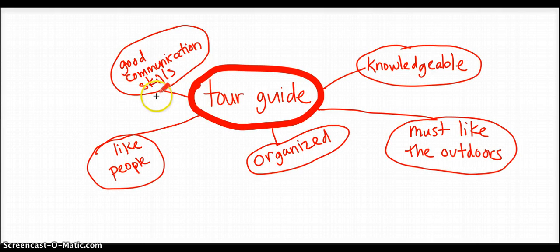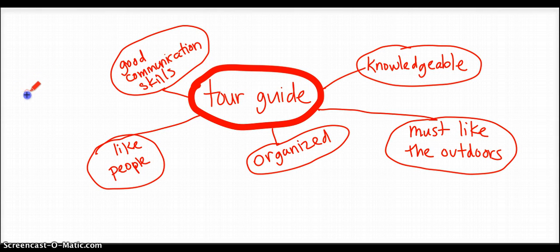Now, I'm going to look at the different words or phrases in each circle and see if I can come up with some related ideas. For example, good communication skills. I think a good tour guide would need good communication skills because they need to be able to describe points of interest.